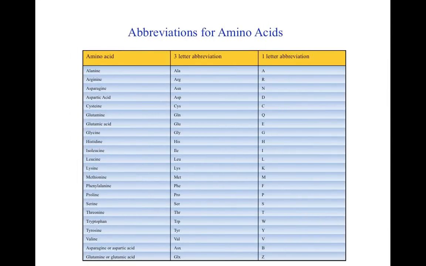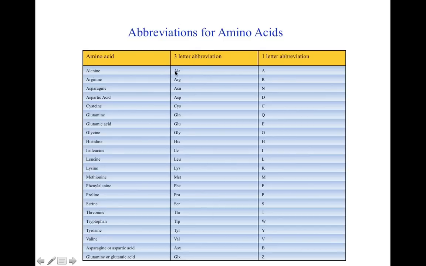Now there are different ways in which we could write the name of an amino acid. So the long way would be to just give the whole name. So you have alanine, arginine, asparagine, and so on. Another way in which we could do it is that we use this international 3-letter abbreviation.